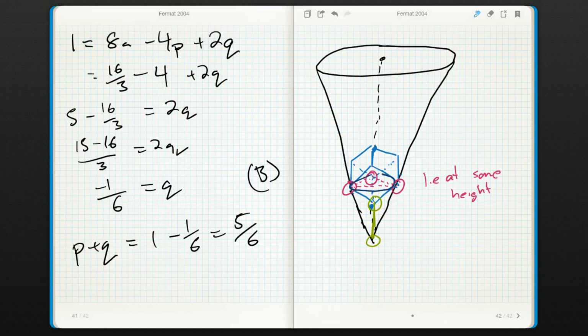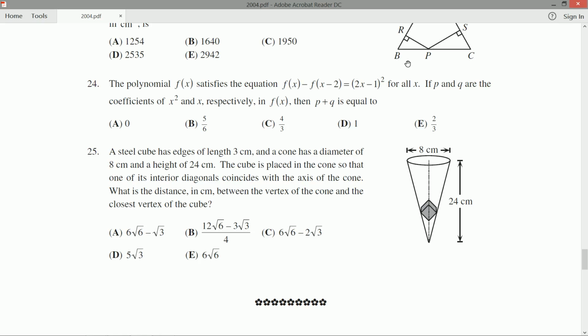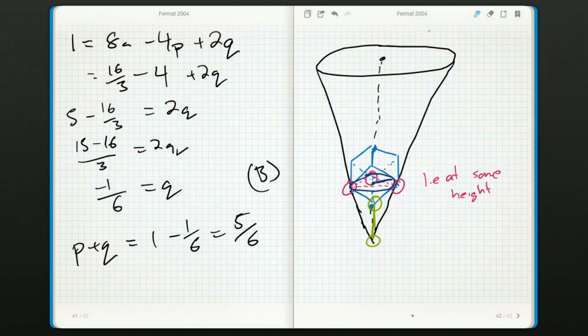because we're going to sort of get, I think, a dark blue circle. And I think from the equilateral triangle, we could probably figure out the radius. And since we know the ratio between the radius of the cone is 4, and the height is 24. If we knew the radius of this small circle, then we would know the sort of total.